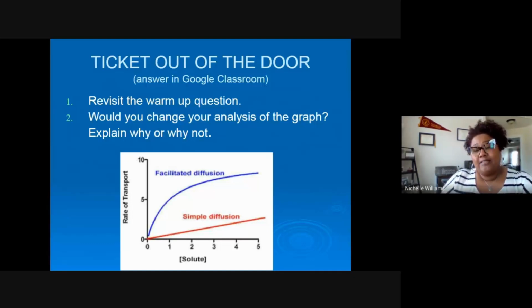Just type stay, and I'll know how many people are going to stay back with me. If you have questions, or something I need to review with you, it could be something from today or the other day, then just type stay before you go in to do your ticket out of the door.